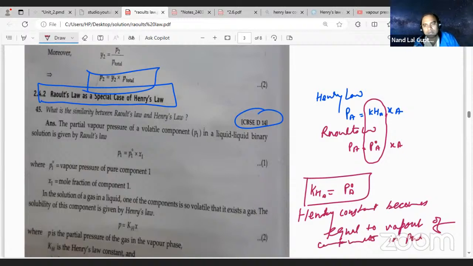Are you getting? Only this is different. So here this one is Raoult's law and this is Henry's law.